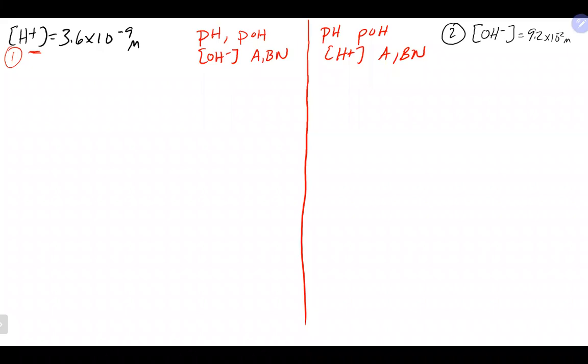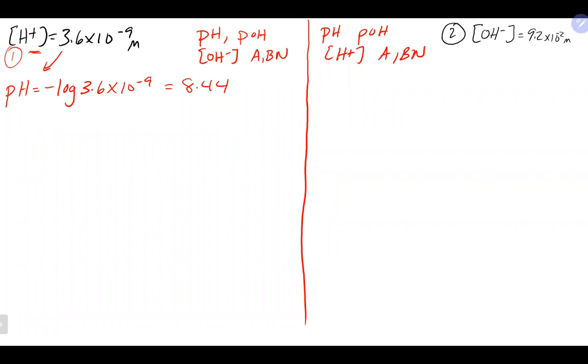I'm going to go into the pH first, since I can calculate that directly. That's minus the log of 3.6 times 10 to the minus 9, which gets you a pH of 8.44. Any questions on that calculation?